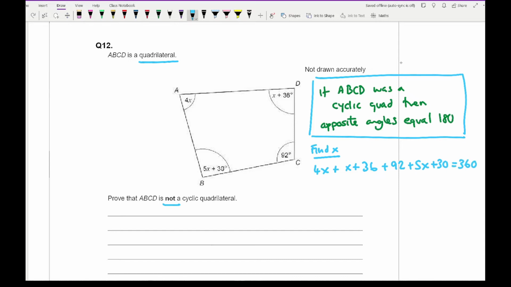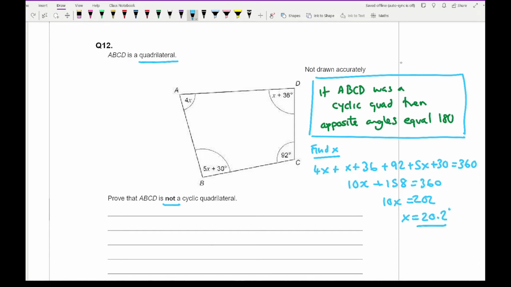Now if I neaten all of that up, I end up with 10x plus 158 equals 360. Then solve that, so 10x equals 202, so x equals 20.2, and that there is a fact.